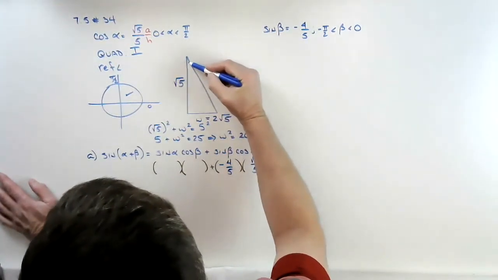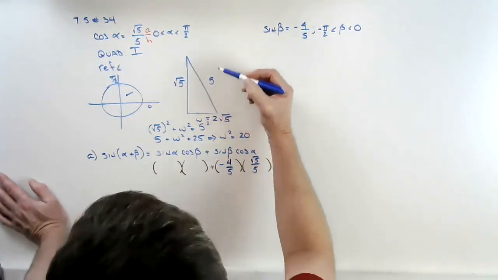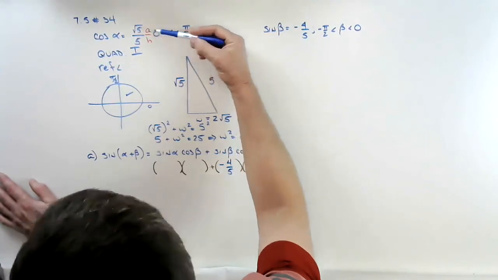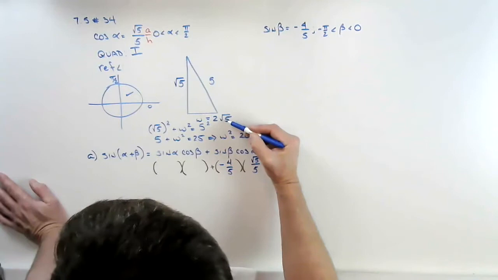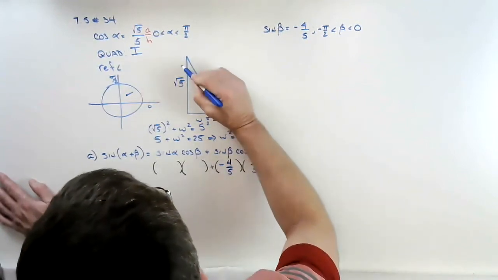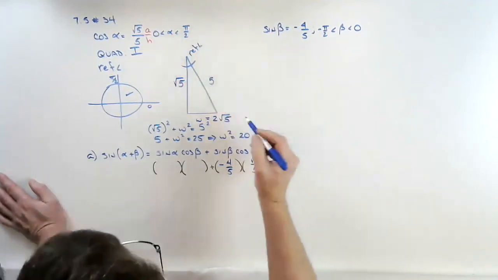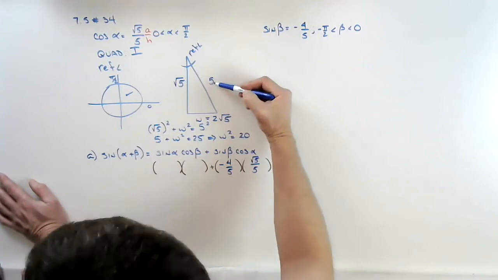My choices are this one here or this one here. And I say to myself, the adjacent side has to be the square root of 5. Well, if I pick this angle, the adjacent side is 2 root 5. So that's not my angle. This is my reference angle, because this is the angle that has an adjacent side of root 5 and a hypotenuse of 5.